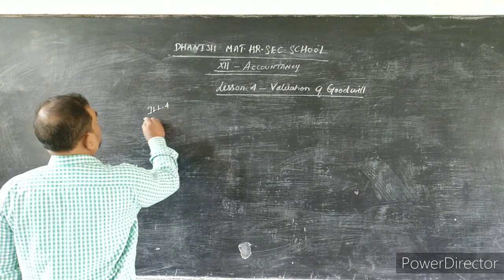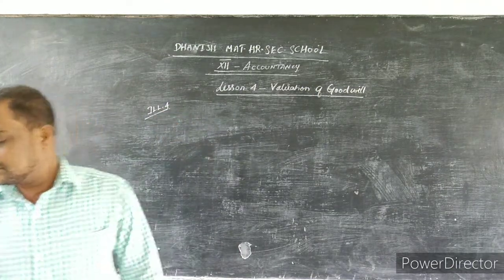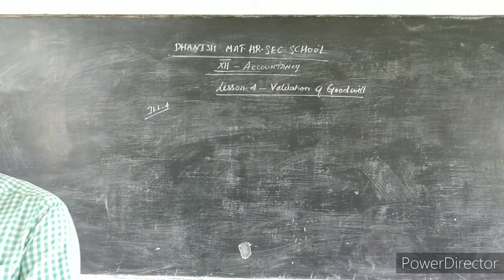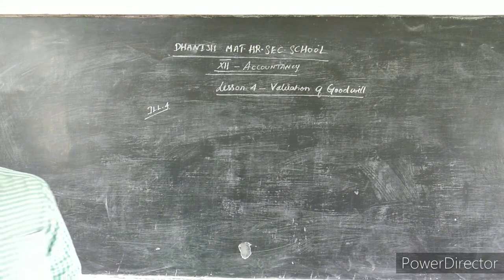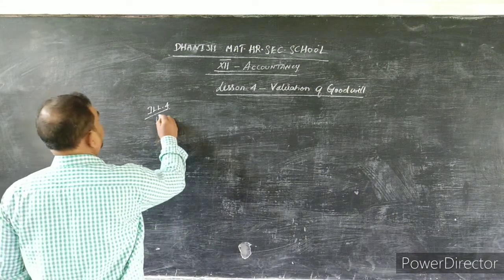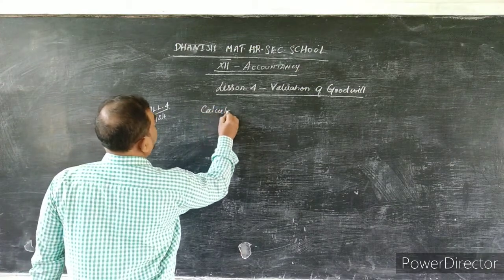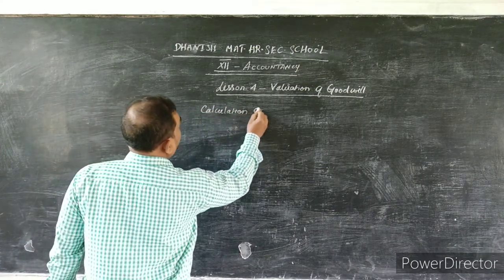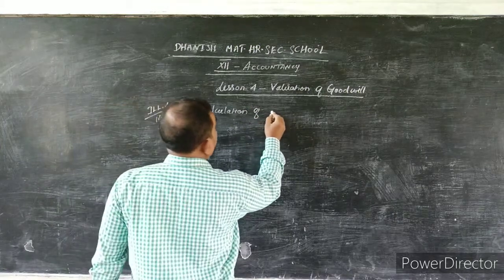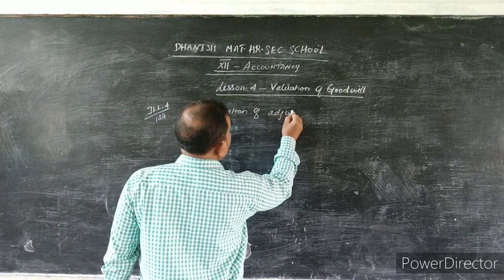Illustration 4, page number 124. Calculation of adjusted profit.